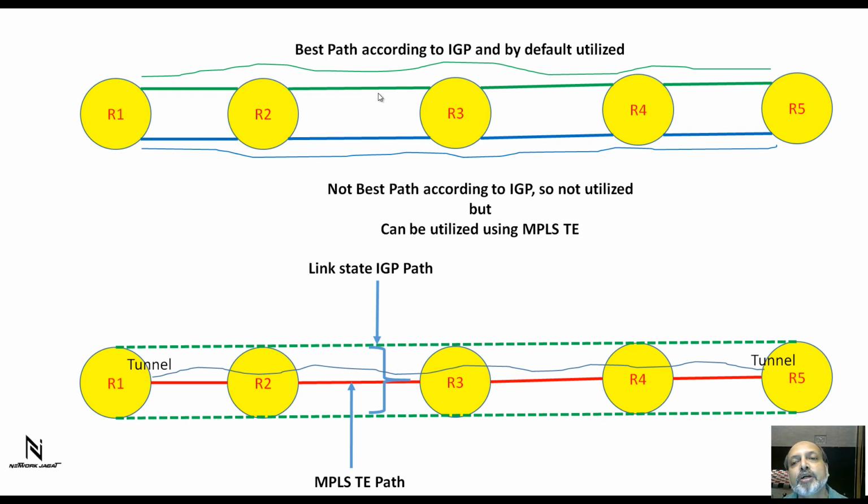And see, if you want to make a backup path, it will be an end-to-end path also. So that means if you want to maintain a backup path, you have to maintain at least two end-to-end paths, right? So there are two issues in maintaining backup paths. First issue is the backup path is not very prompt in action.